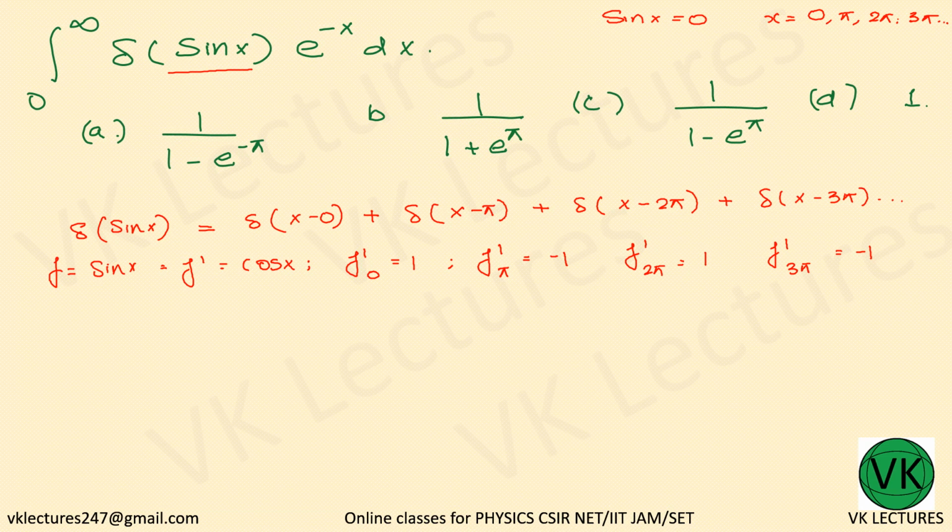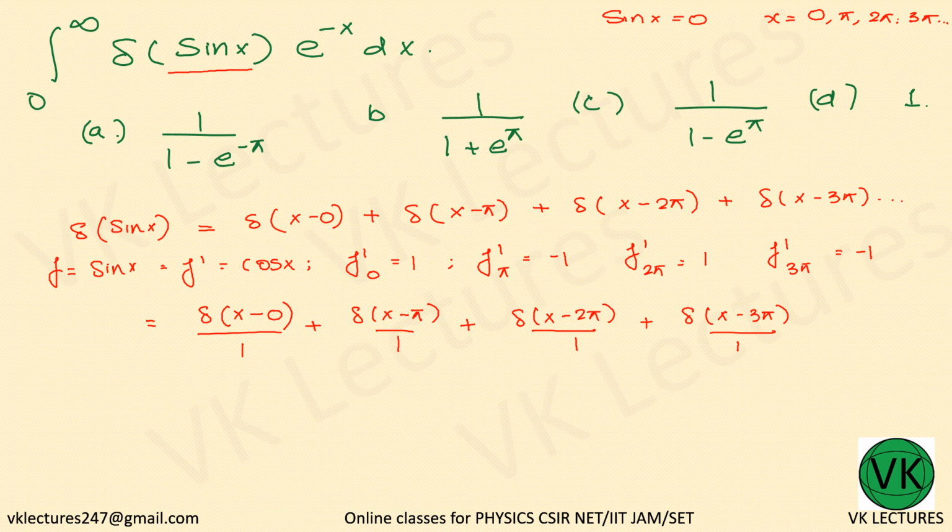So according to the formula we can write delta of x minus the solution 0 divided by the magnitude, so 1, plus delta of x minus pi by 1 plus delta of x minus 2 pi by 1 plus delta of x minus 3 pi by 1, because these are all magnitudes of this first derivative.